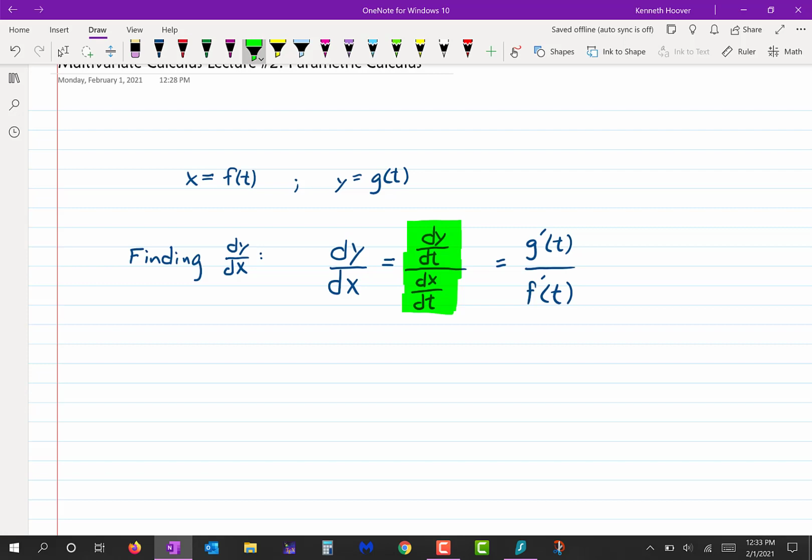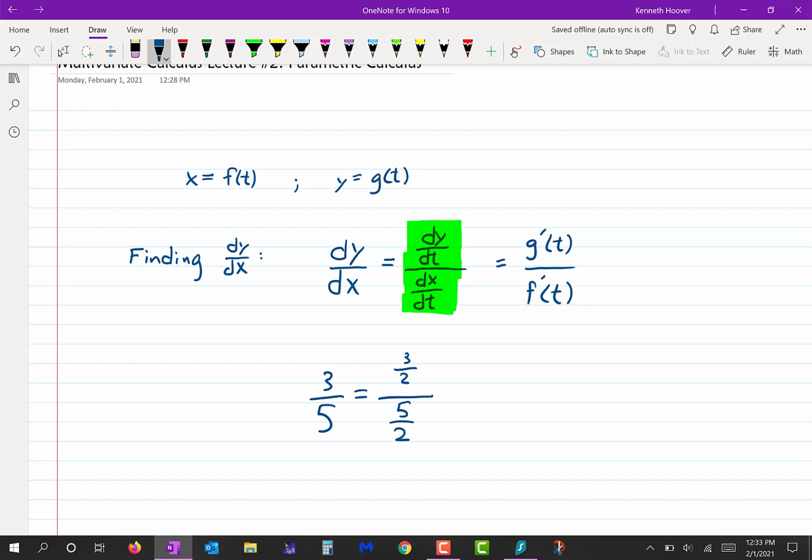If I were to write 3/5, isn't that the same thing as (3/2) over (5/2)? So if I'm trying to calculate dy/dx, I can remember you just put them both over dt, because then the dt's cancel.